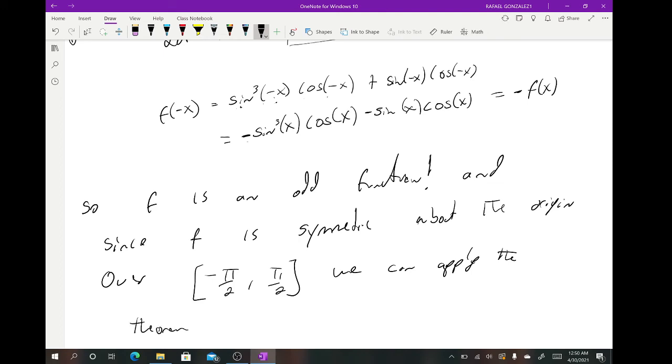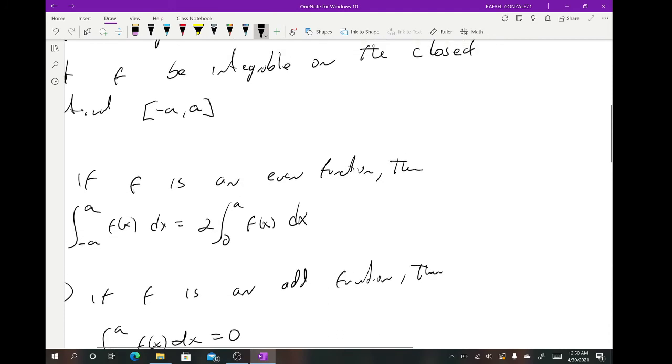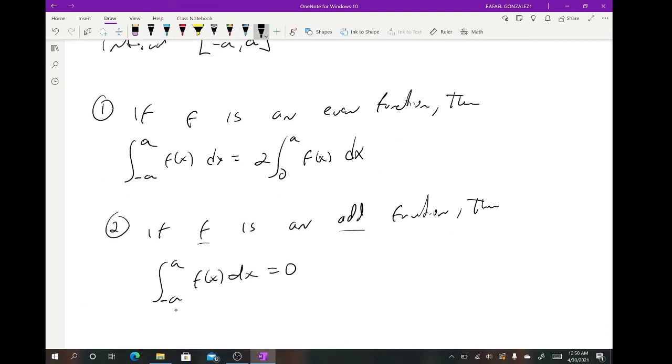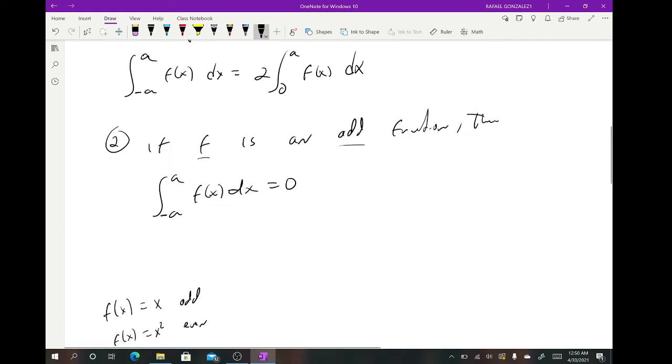And what did the theorem say? Notice how nice this is. The theorem said that if f is an odd function over a symmetric interval, then the integral is actually equal to 0.